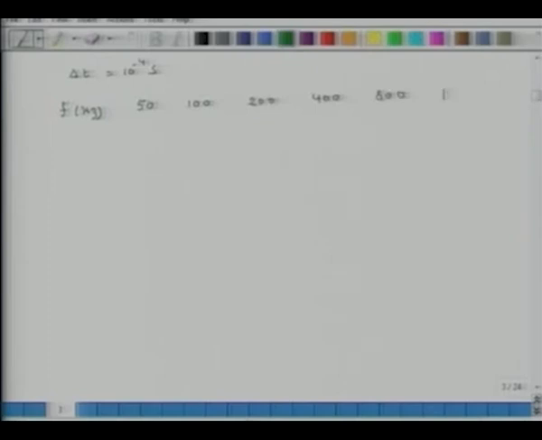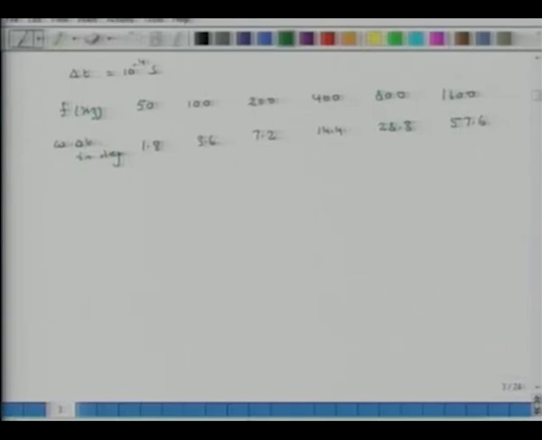Let's also put 1600. So omega delta t is computed in radians, but if I transform to degrees, my values are 1.8, 3.6, 7.2, 14.4, 28.8 and 57.6 degrees.